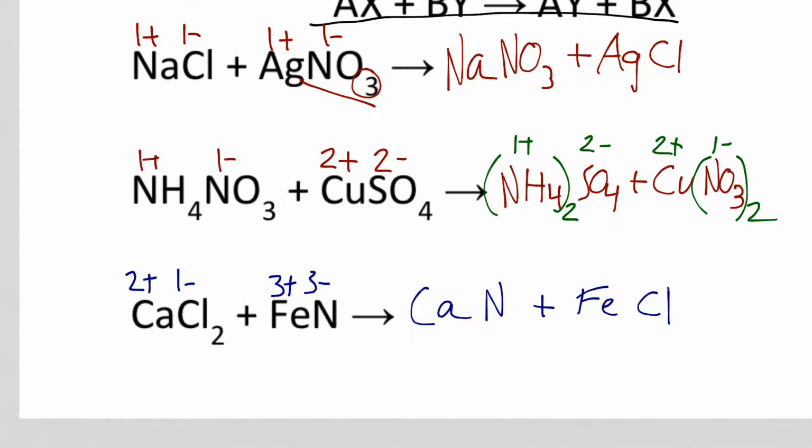Again, we want to look at the charges, 2 plus, 3 minus, in this case 3 plus, 1 minus. So when we cross the charges, we'll have 2 nitrogen, 3 calcium, 3 here, and only 1 of the iron. This would give us our now correct formulas that we'd want to take and determine which one is soluble or dissolves in water. That we'll be doing in a future lab.